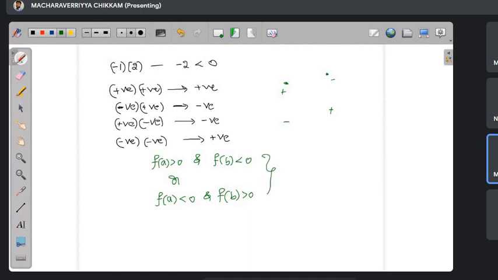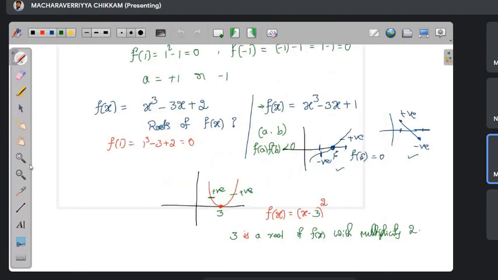In these two situations, f of a into f of b is always negative. So to find an interval in which a root is contained, you search for a comma b where f of a into f of b is negative. Okay, so let us take what I have written here and search for it.